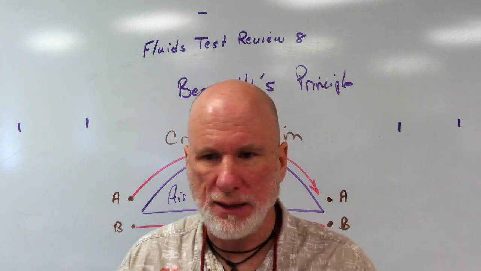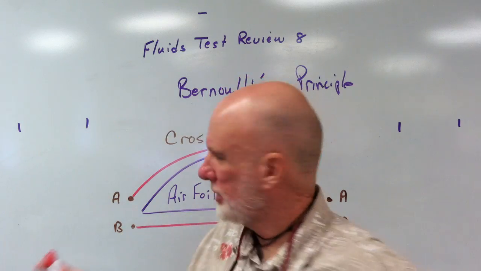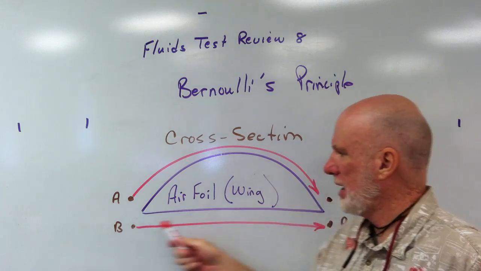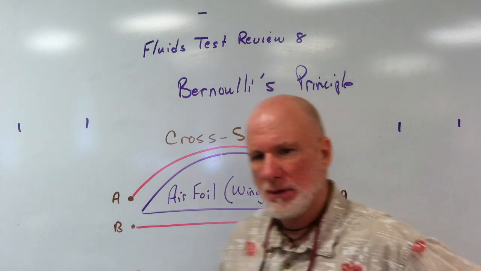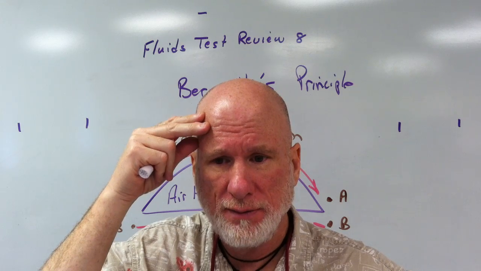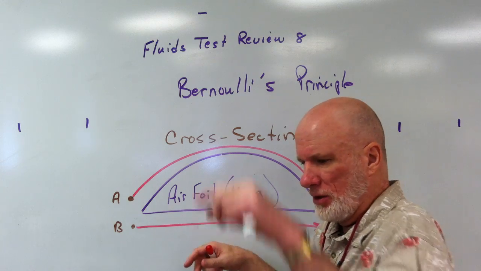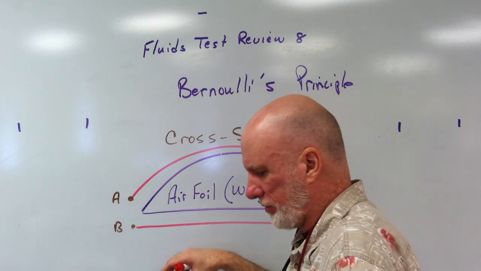Now, do you understand that the time it takes for molecule A to go here and molecule B to go here should be the same? Correct? You sure? Okay, so in other words, molecule A is here, molecule B is here, and I'm going to walk through them.